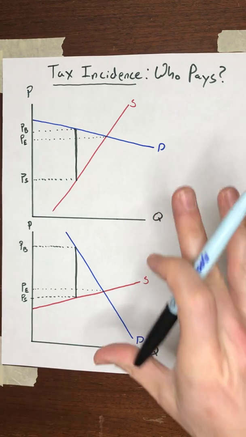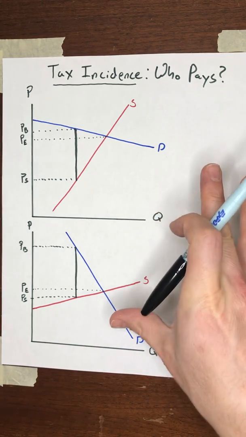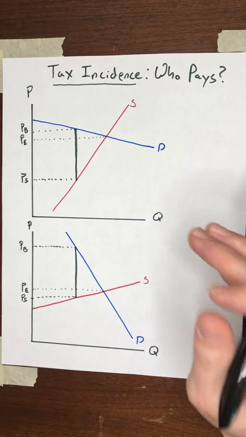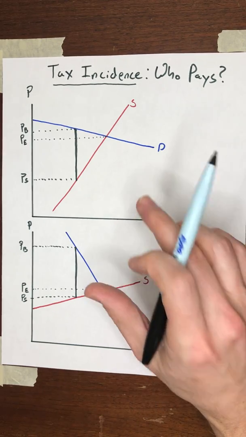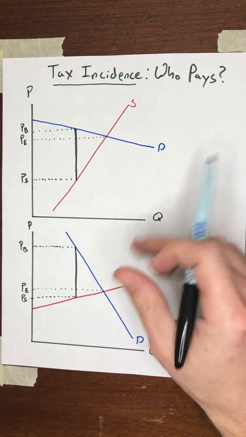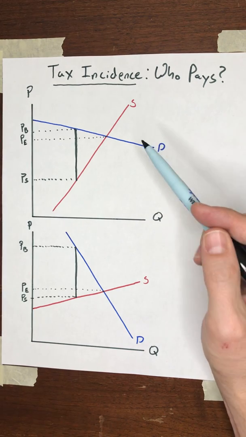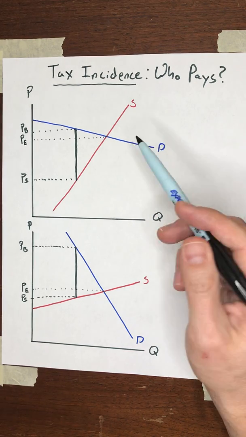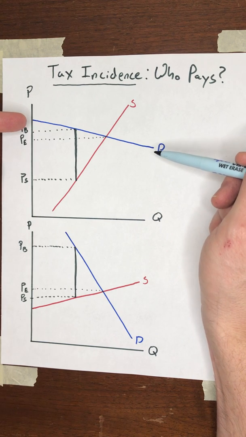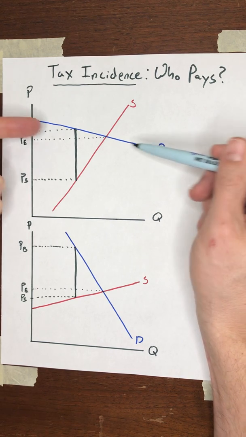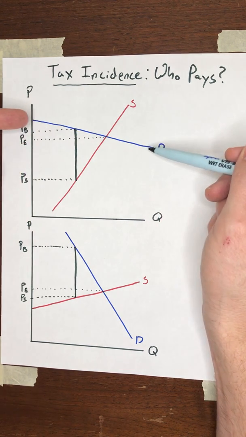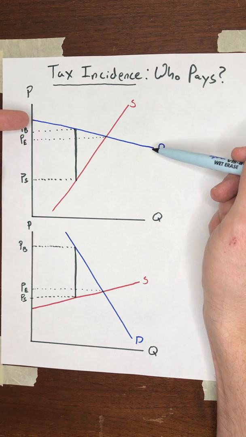Okay, so elasticity equals escape. The side of the market that's more elastic pays less of the tax. The side of the market that is more inelastic pays more of the tax. And that makes sense from the perspective of the explanation that they gave you for the intuition: the side of the market that is elastic has a lot of good options.